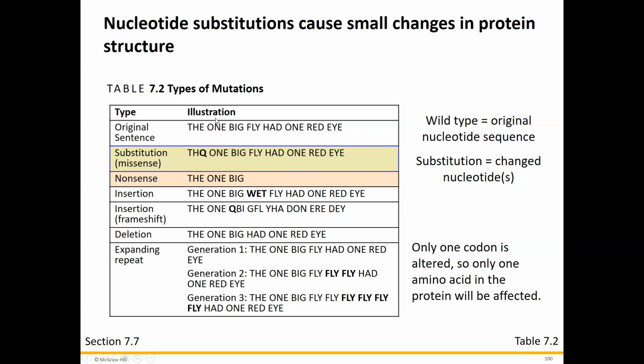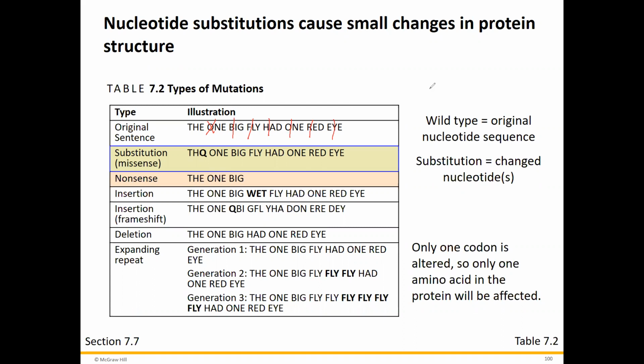Well, this guy has to read in 3 letters at a time. So if the O is gone, then he would be reading the 3 letters like this. And these 3 letters are not going to translate into the same amino acids that the original ones did.